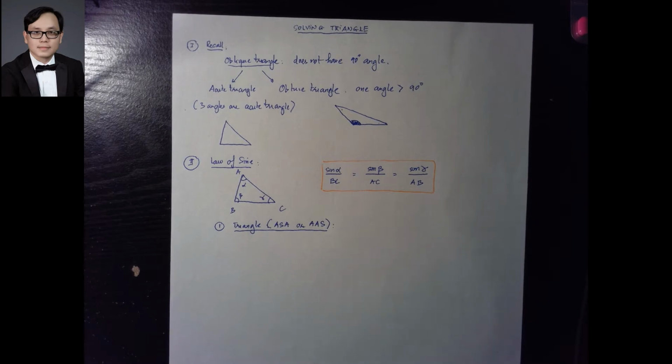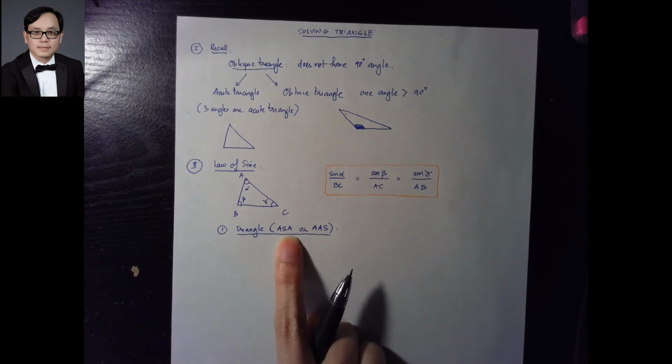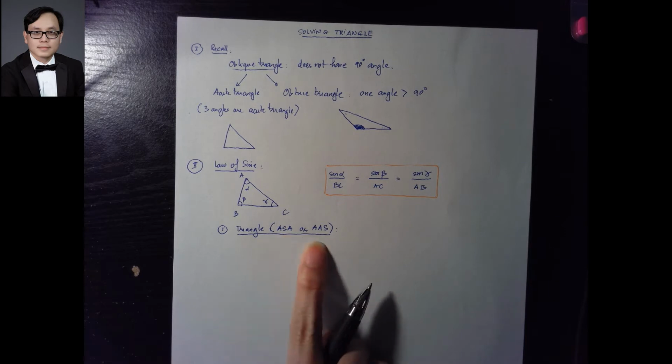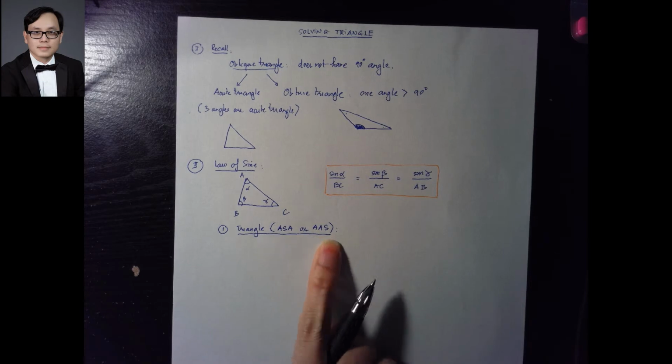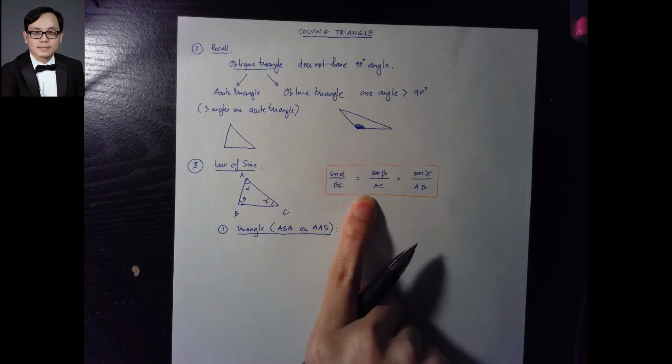It means that the question gives you the angle, the side, and the angle, or the question gives you the angle and the side. Then you can apply the law of sine directly.